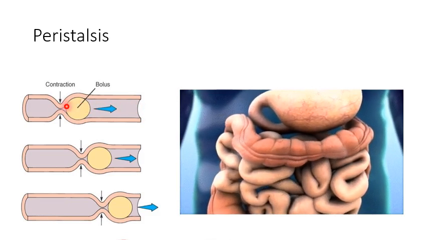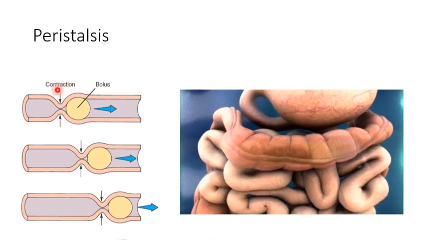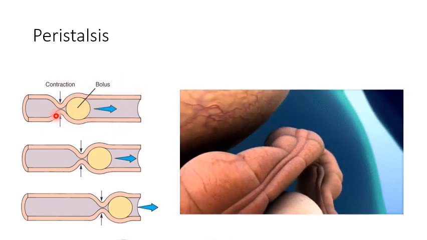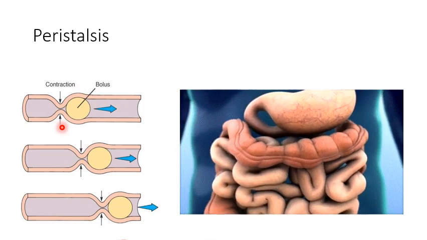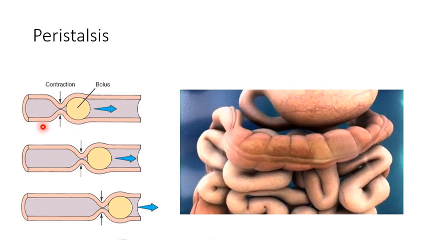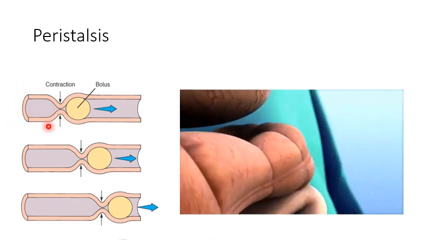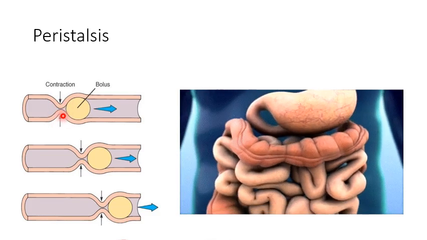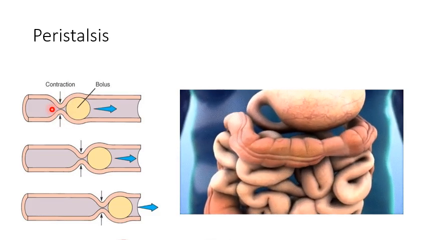In peristalsis, you have smooth muscle lining the walls of the whole GI tract, and you're going to have a couple different layers of it. One of those layers, the fibers are oriented going around the GI tract in a circle. When those fibers contract, it's going to constrict the digestive tract.